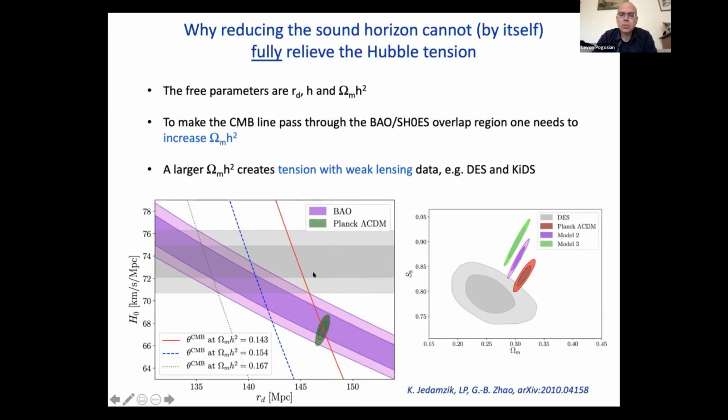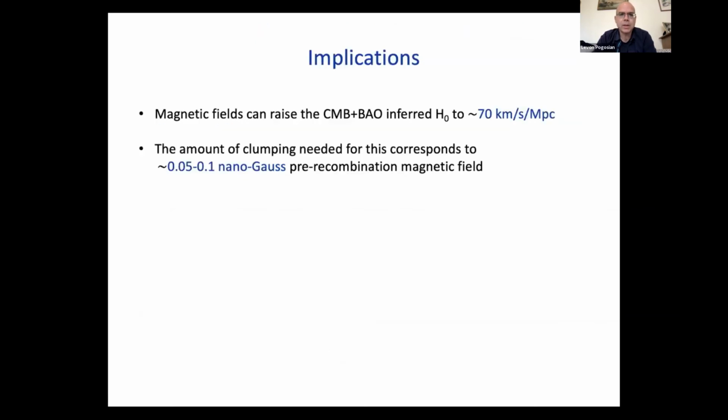So in order to achieve an agreement between all three, BAO, CMB, and SH0ES, you have to be at a higher matter density. And the higher matter density runs you into trouble with the S8 tension. So that's a very generic reason why you cannot fully resolve the Hubble tension with the sound horizon only. So what are the implications of this? As I said, you can relieve the tension, you can achieve H0s up to maybe 70.